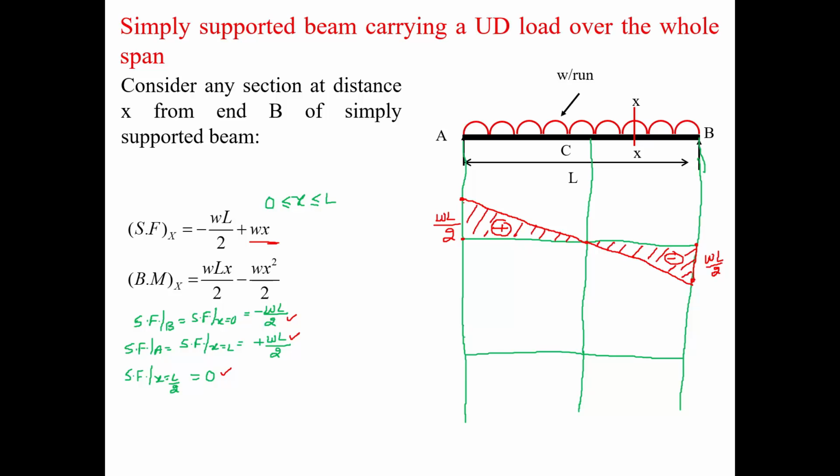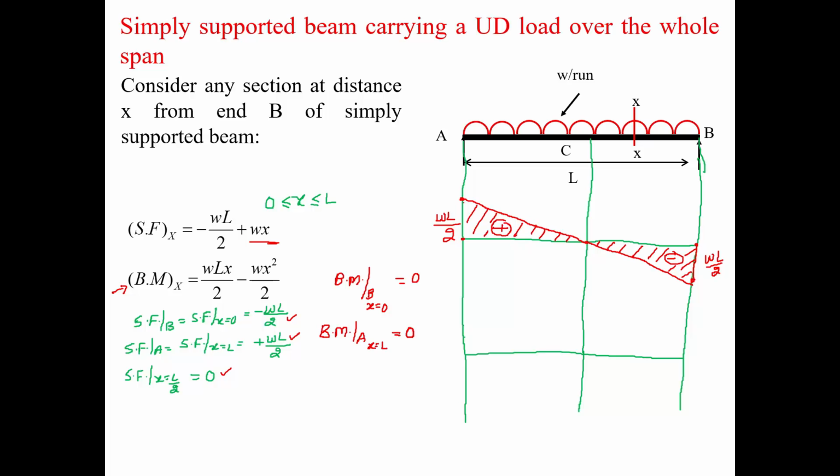So in order to draw the bending moment diagram, we look at this equation now. Same way we evaluate the bending moment at point B. Bending moment at point B means x is equal to 0. So once I put x is equal to 0, bending moment is 0. Bending moment at point A means x is equal to L. When I substitute x is equal to L, the bending moment is again 0, and it must be 0.